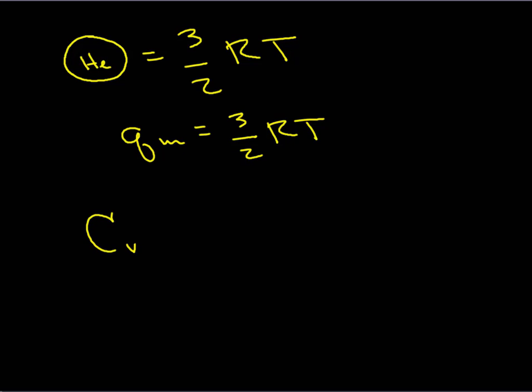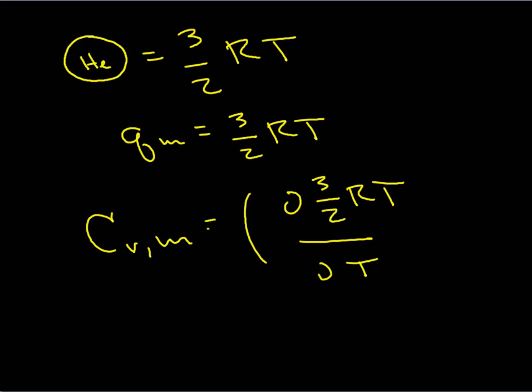And now let's put that into our partial derivative. So C sub Vm is equal to the partial derivative of 3/2 RT with respect to T, at constant volume and number of moles.